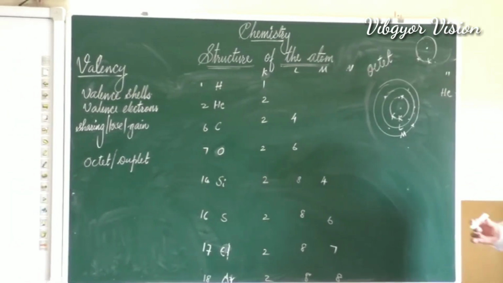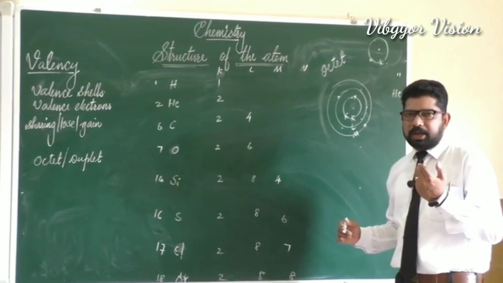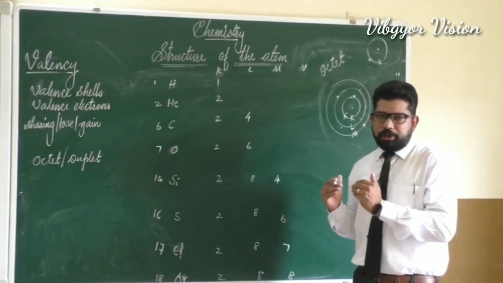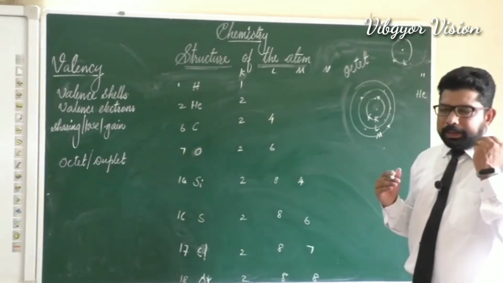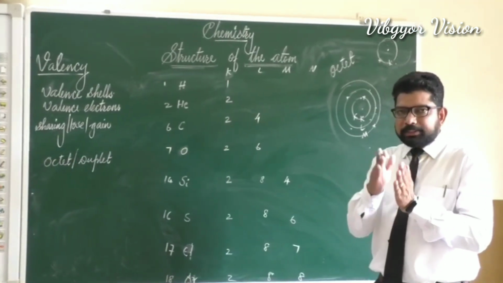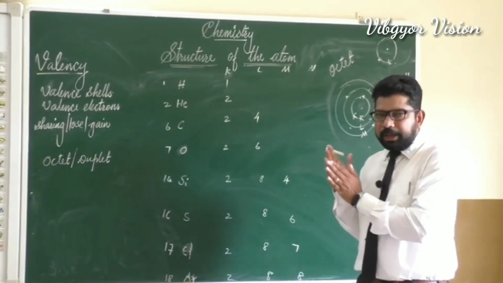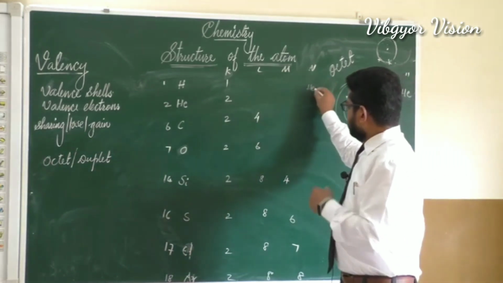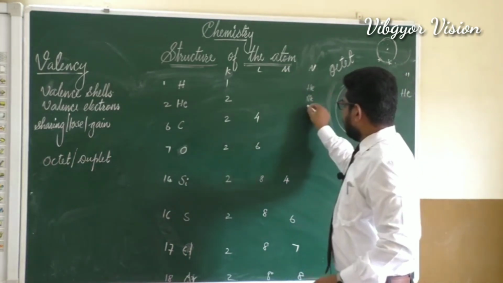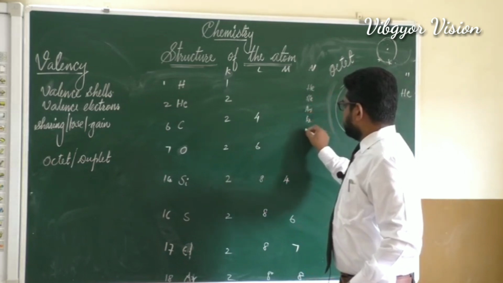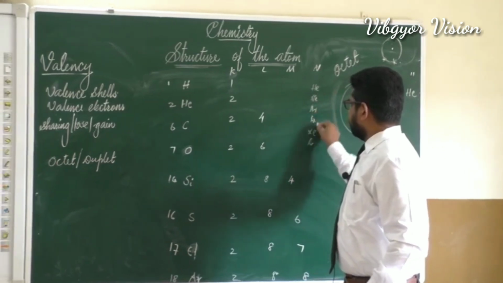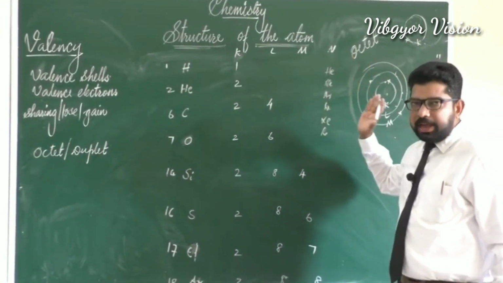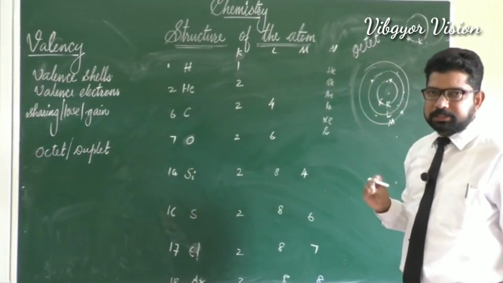Only a few elements have this property. The remaining elements try to make the electronic configuration of the nearest of these elements: helium, neon, argon, krypton, xenon, radon, etc. These are highly stable, and they are also known as noble gases.